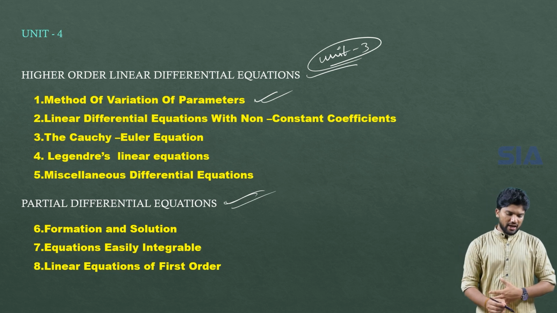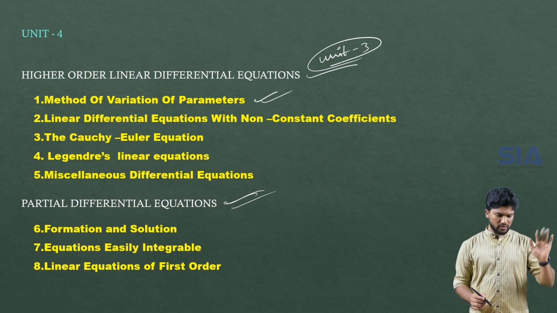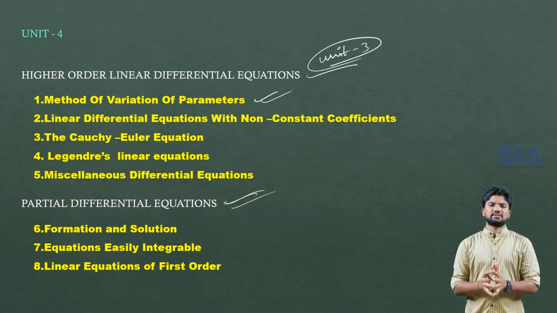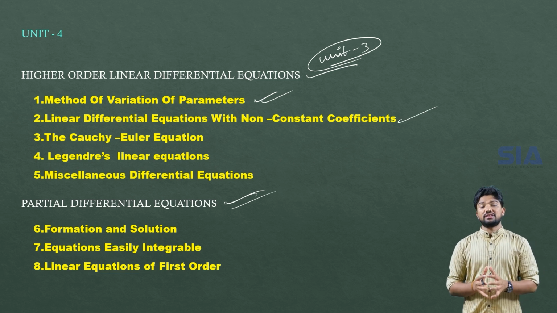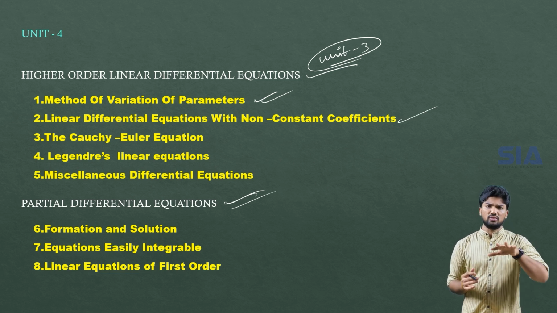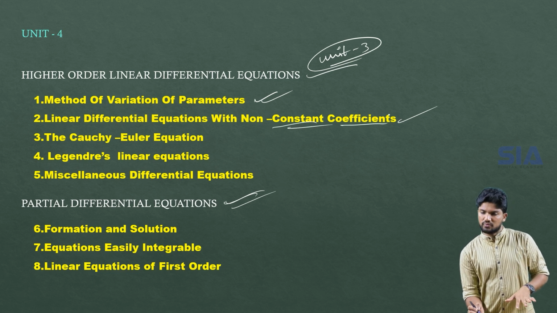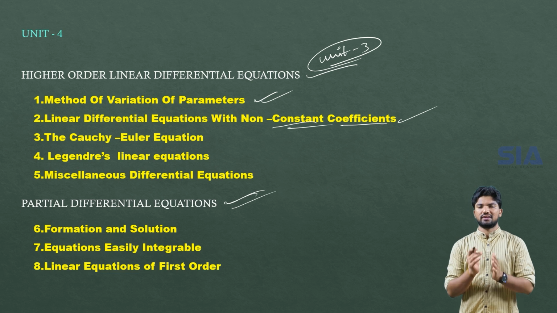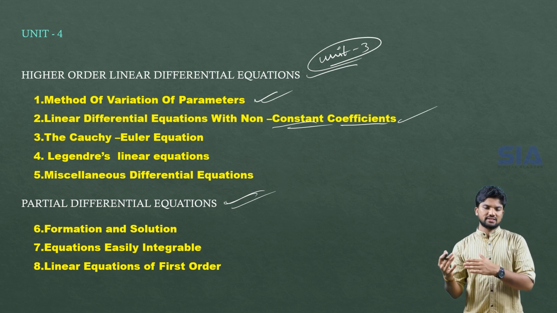Okay, so in higher order linear differential equations, we have 5 topics in unit 4. The first topic is the method of variation of parameters. The second is linear differential equation with non-constant coefficients. In unit 3 we discussed linear differential equations with constant coefficients, now we are going to discuss non-constant coefficients. You will get non-constant coefficients like x square, x in that format.